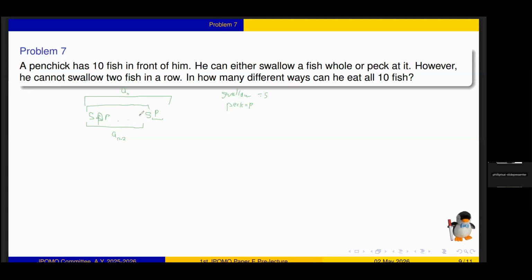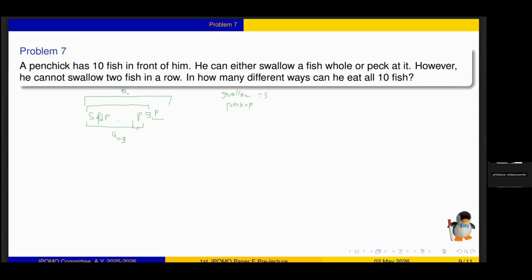If it ends with an S, then this must be a P, right? So it's actually a sub n minus three. Since it must end with it, the term before the S must be a P, and there's no conditions for a peck. It actually must be a sub n minus three.